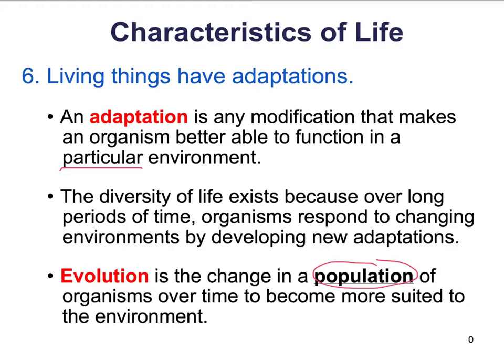It's not individual organisms that are changing, but you have small changes in one generation over another generation, and then those changes build on each other. And that's what we're looking at when we talk about evolution. Next semester, if you take Principles of Biology 2, you'll look more at evolution and how it works.